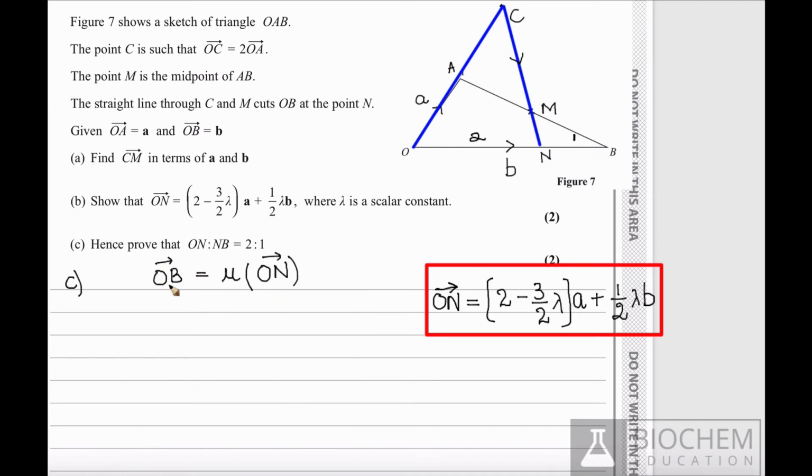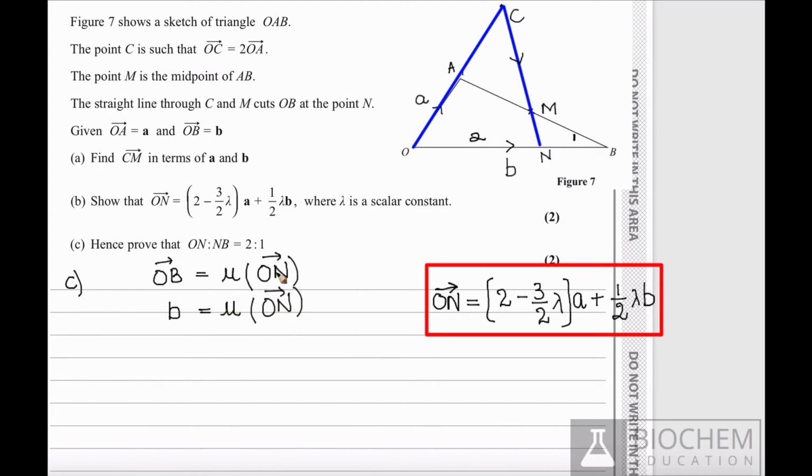Now, we do know that OB vector is b. That is over here. OB is equal to b. b is equal to mu times ON vector, which we found in our earlier equation to be 2 minus 3 over 2 lambda a plus half lambda b. Now, thinking on this for a moment, how can I get OB vector, which is b, by multiplying ON by a number?